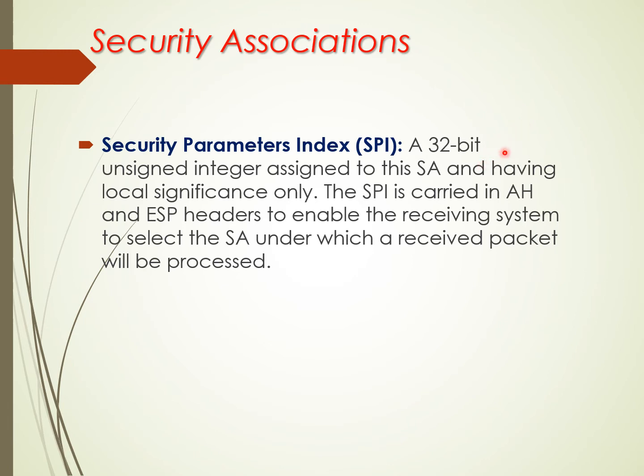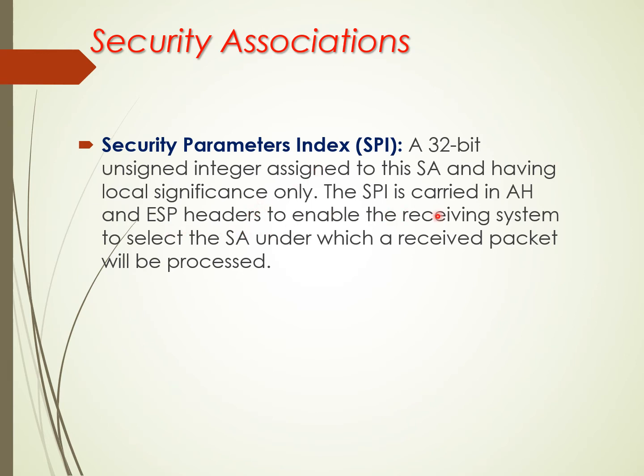So we need to identify the security association, that is with a 32-bit unsigned integer assigned for the security association, and the SPI, security parameter index, is carried in the authentication header as well as the ESP, encapsulated security payload, headers.